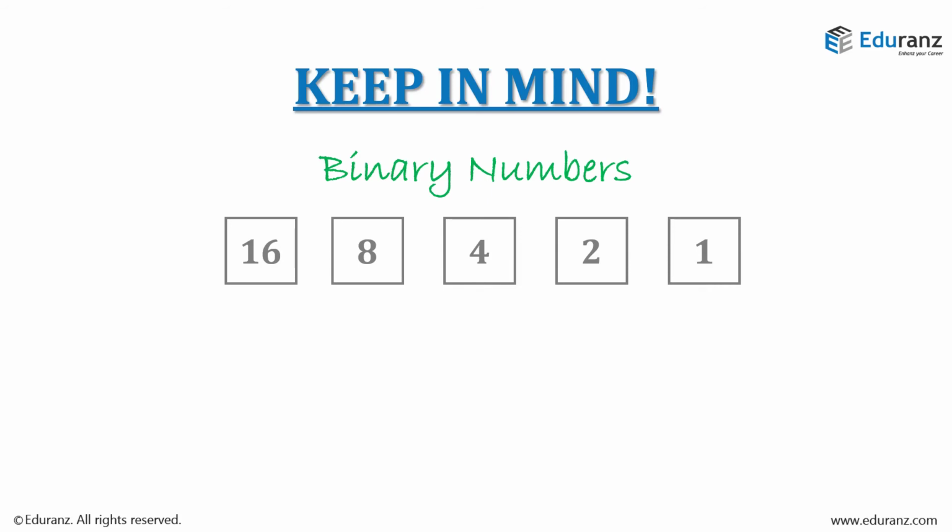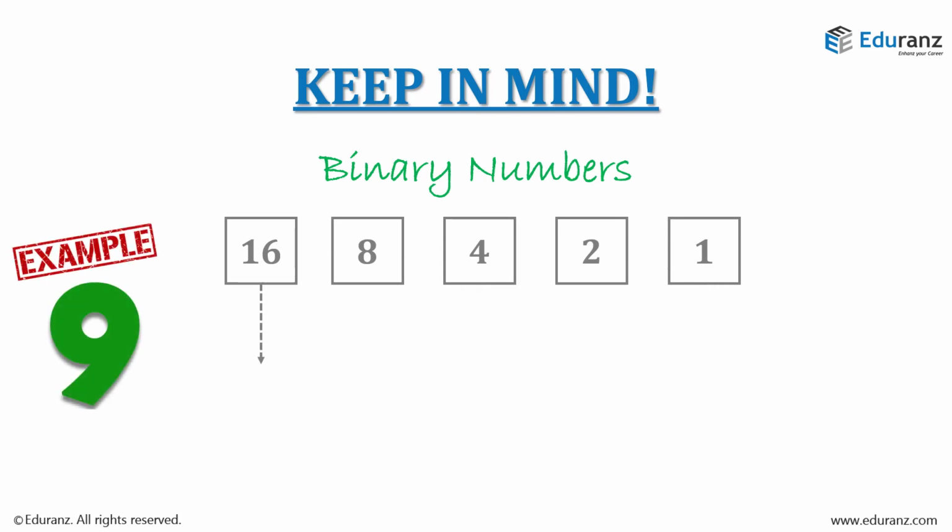So let's take an example of 9, guys. How should we represent 9 here? We'll take this imaginary scale 1, 2, 4, 8, 16, and then we have the number 9. Wherever it is positive, there I will put 1.